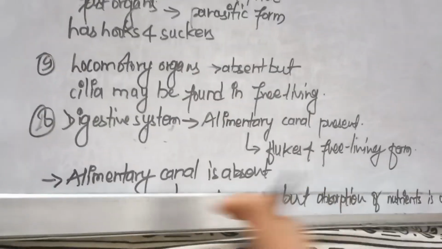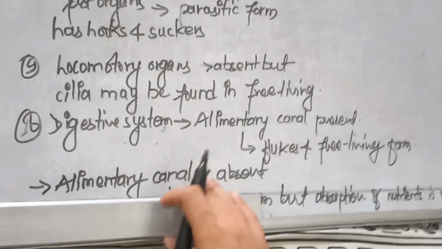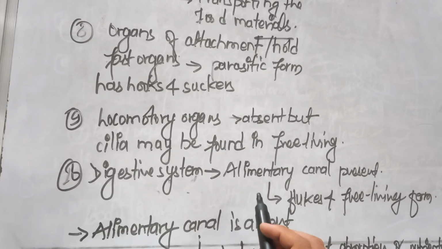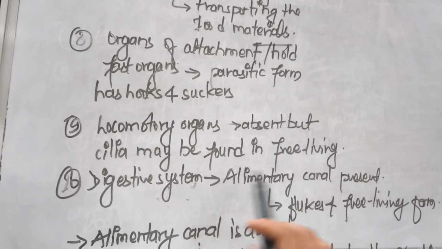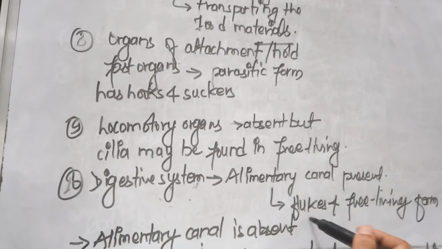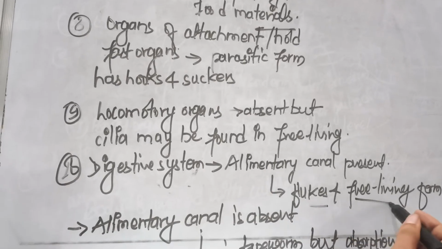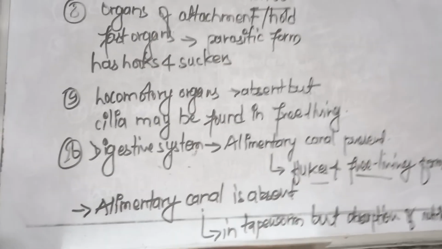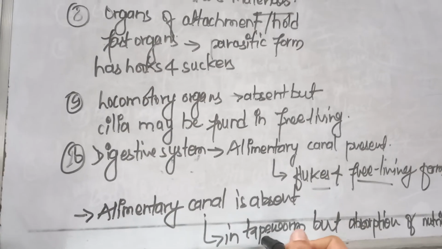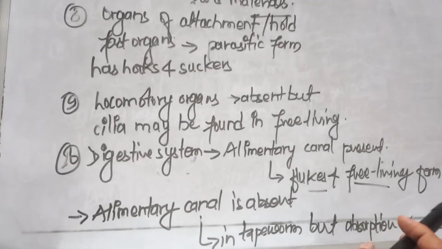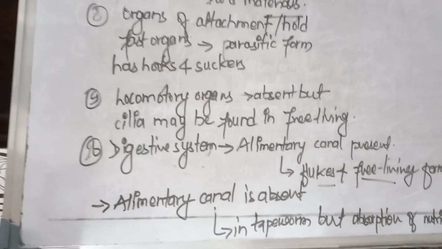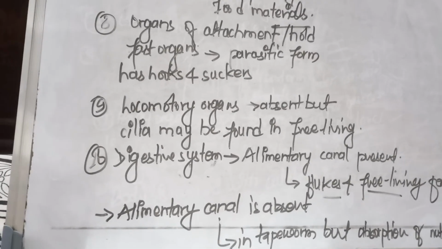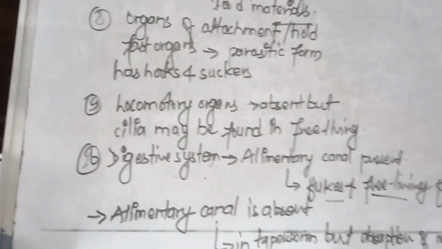In the digestive system, mostly alimentary canals are present in fluke and free living organisms, but alimentary canal is absent in what? In tapeworm or Taenia solium.